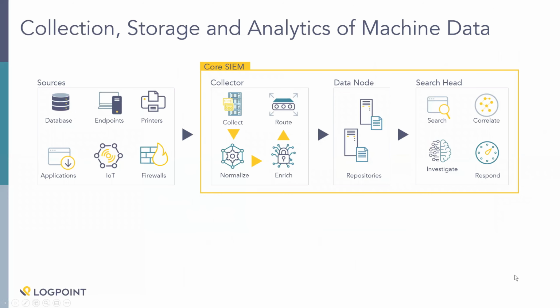So architecturally, the way that works is that these sources, you see some examples here, arrive at the doorstep of LogPoint. And then there is a set of roles that LogPoint performs to normalize and store and search that data. There's this yellow box there, that's essentially part of the basic SIEM license.